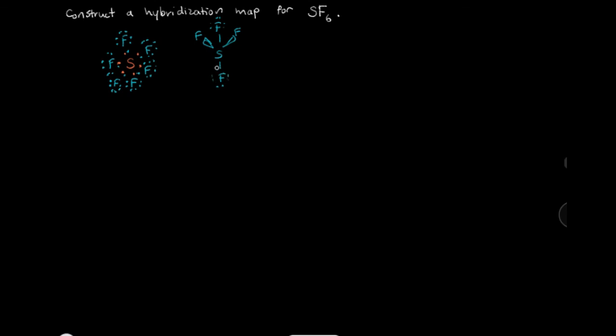So sorry, there's going to be 2 bonds in the plane, but they're going to be 180 degrees to each other, and we should have another bond going into the plane, right? And then there's these lone pairs. You can see that each fluorine has 3 lone pairs. Okay, so this is what the VSEPR structure will look like.